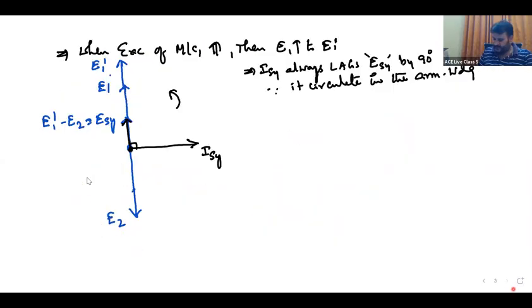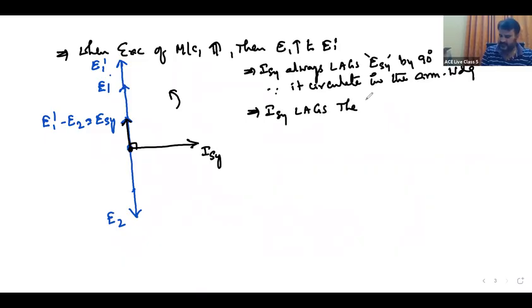And from this relation, with respect to machine 1, ISY lags E1 or E1 dash, the first machine voltage, by 90 degrees.